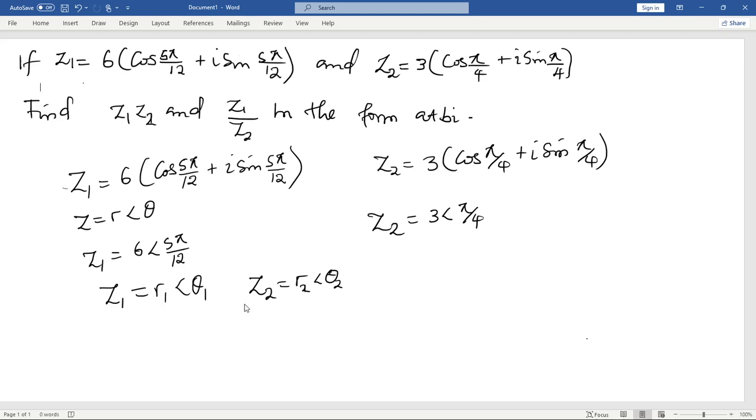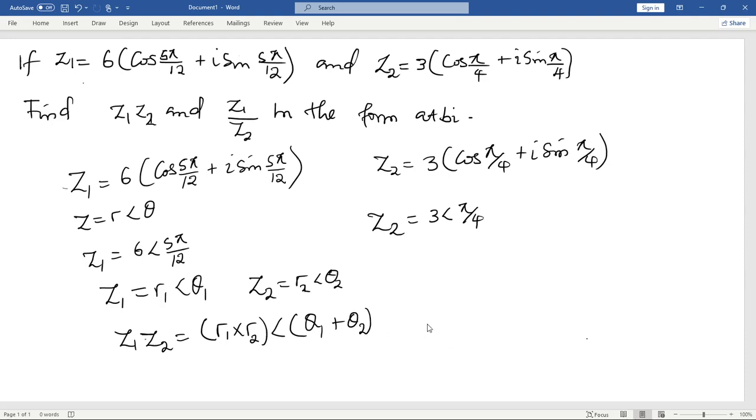So when you multiply complex numbers in polar form, what you simply do is multiply the radiuses, then add the arguments. Meaning that we have r1 multiplied by r2, and then the first angle plus the second one.